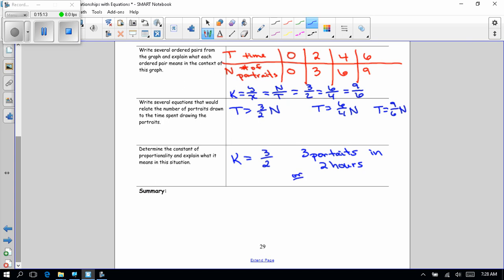Or 3 portraits per 2 hours. Or we could even say she can make 3 over 2, which is 1.5 portraits per hour, if we want to make it into the unit rate.